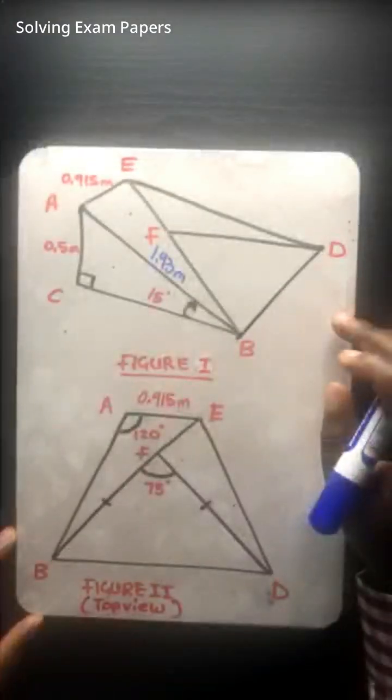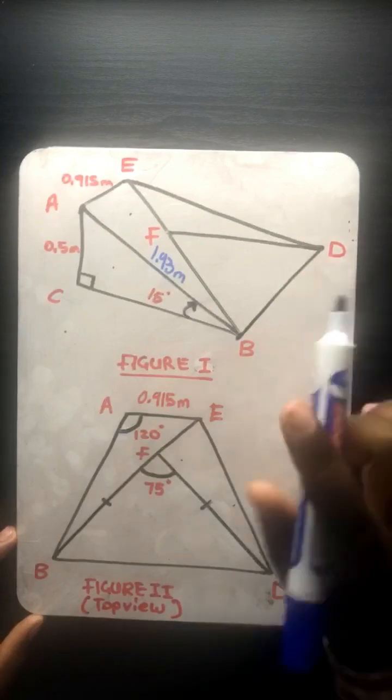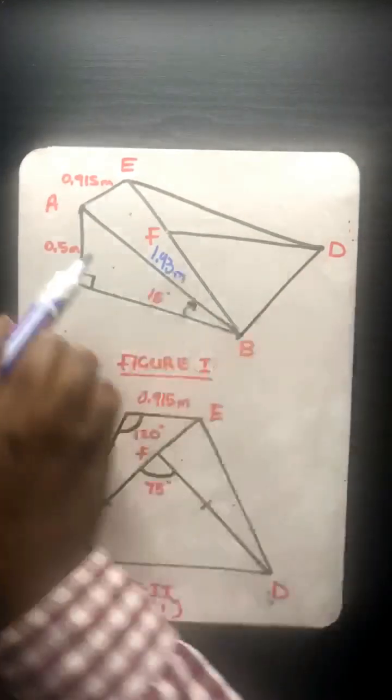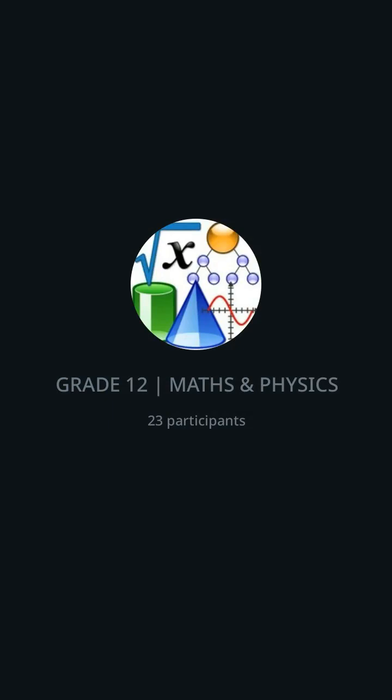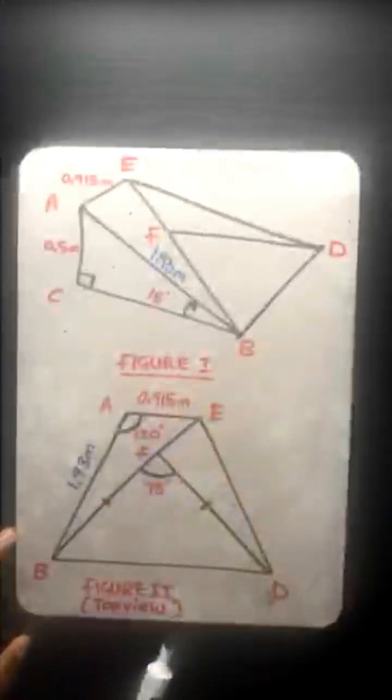But wait. Which side do we have? We have that side AB, and here AB is this one, which is 1.93 meters. I think you are onto something, honorable member.